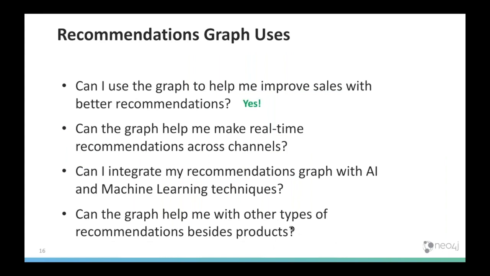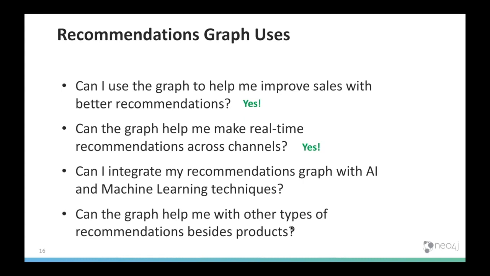So can you use the graph to improve sales with better recommendations? Absolutely. And we've seen this time and time again, right? The better your recommendations, it's self-explanatory that the better your sales you can expect to be. Can the graph help you make real-time recommendations across channels? Absolutely. Neo4j is designed as a real-time database.